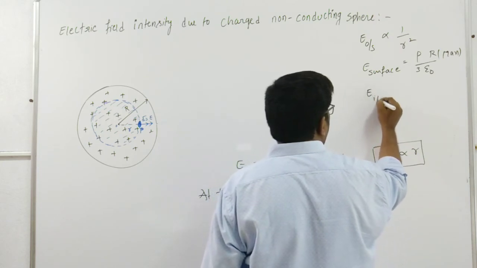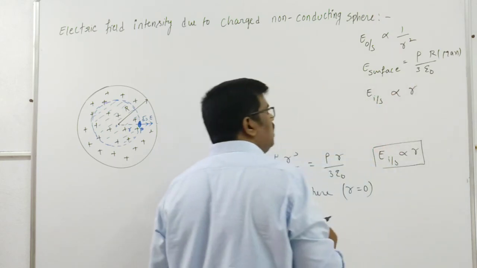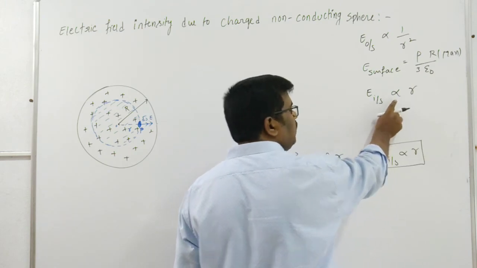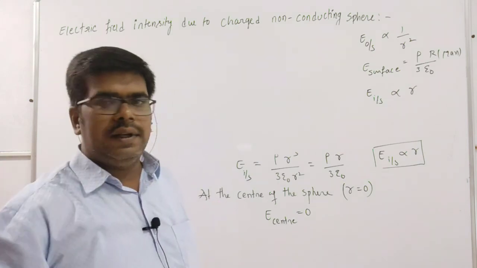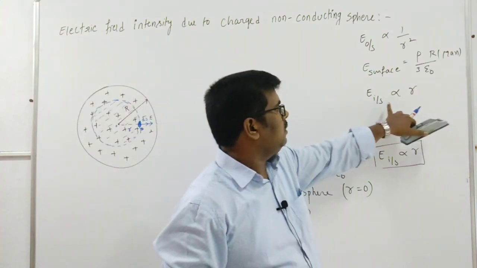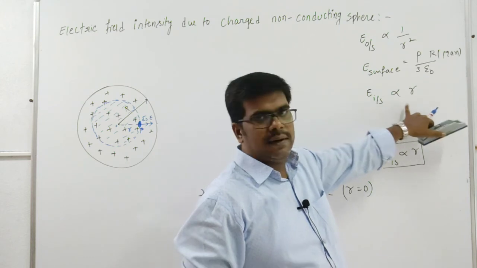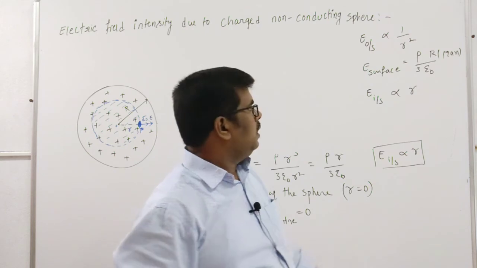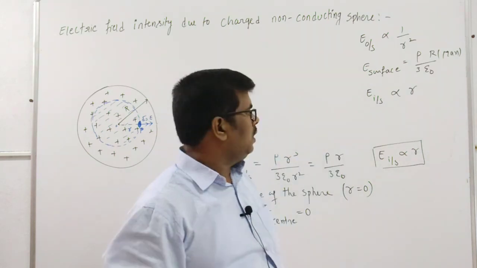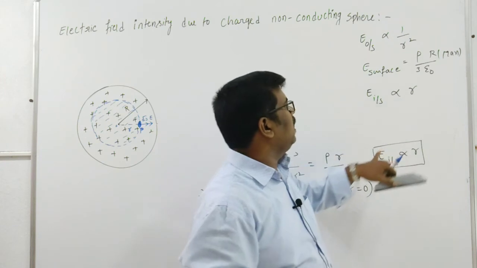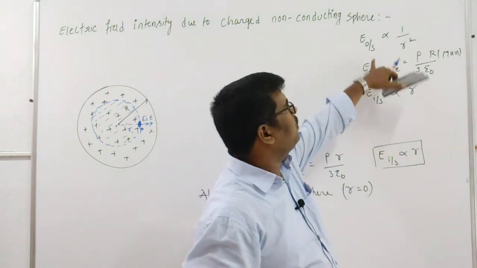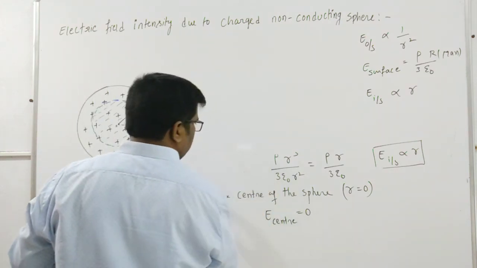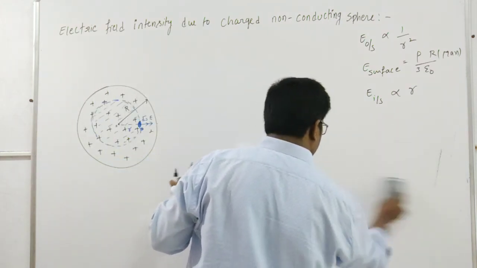And E inside is directly proportional to r, which means it is linearly increasing, so the nature of the graph is a straight line. From the center to the surface the electric field intensity linearly increases. On the surface it is the maximum value. Outside it is inversely proportional to distance square, and the nature of the graph is a rectangular hyperbola.